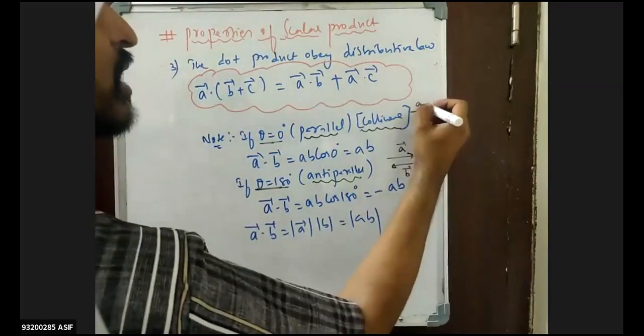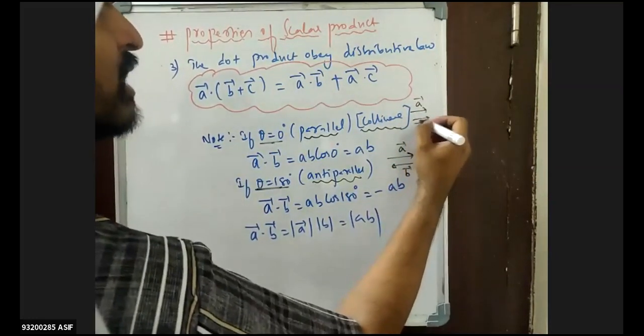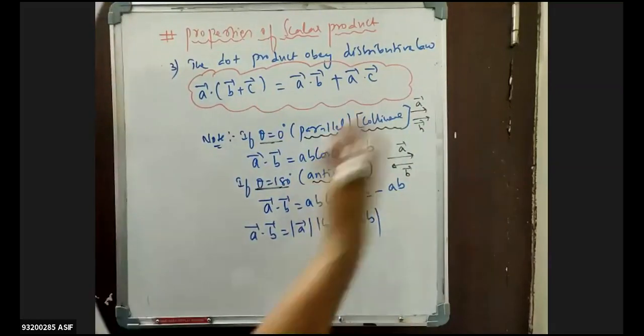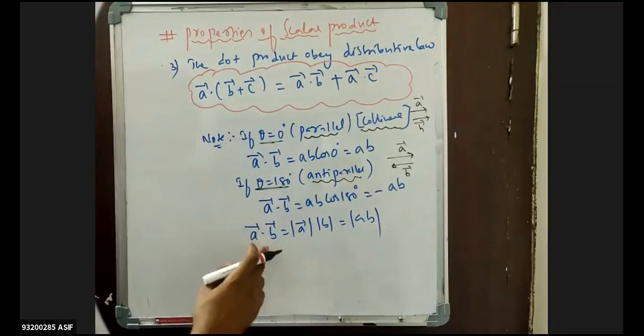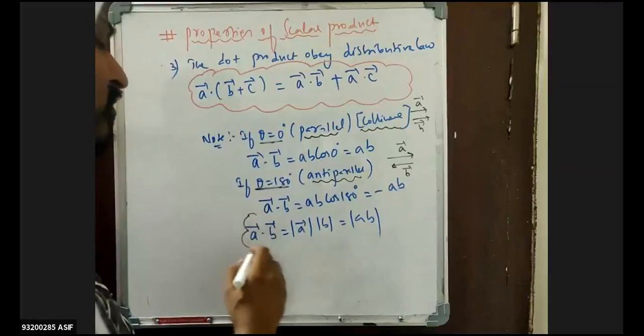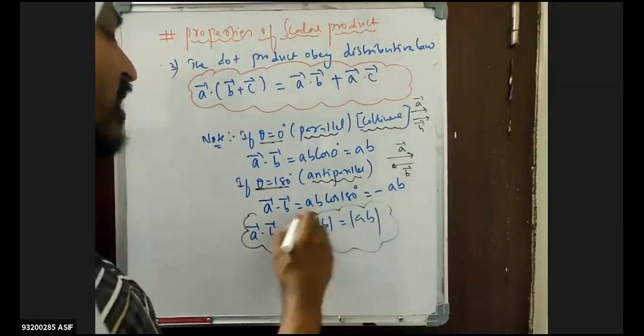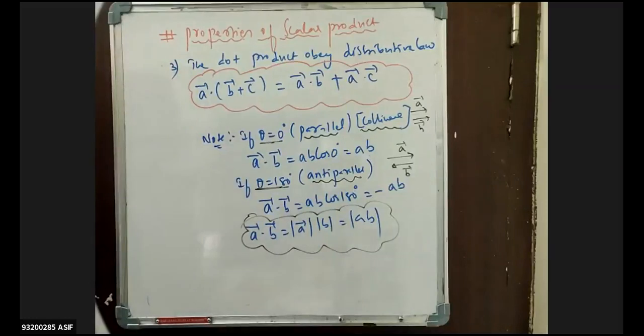They are collinear vectors, in opposite directions. And A bar dot B bar will be equal to the magnitude of AB. If I take the magnitude of this, that becomes a positive term only. So I can write A bar dot B bar is equal to mod of AB.